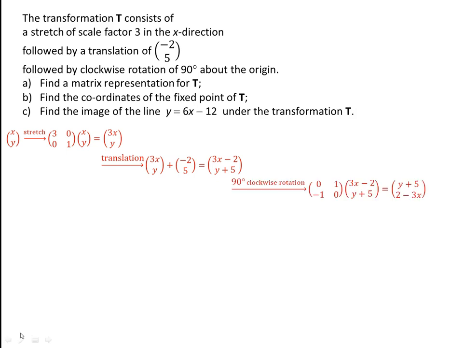So the matrix for a clockwise rotation of 90 degrees about the origin is the matrix whose first column is (0, -1) and whose second column is (1, 0). And when we apply that to the point whose coordinates at the moment are (3x - 2, y + 5), we get our final image is the point (y + 5, 2 - 3x).